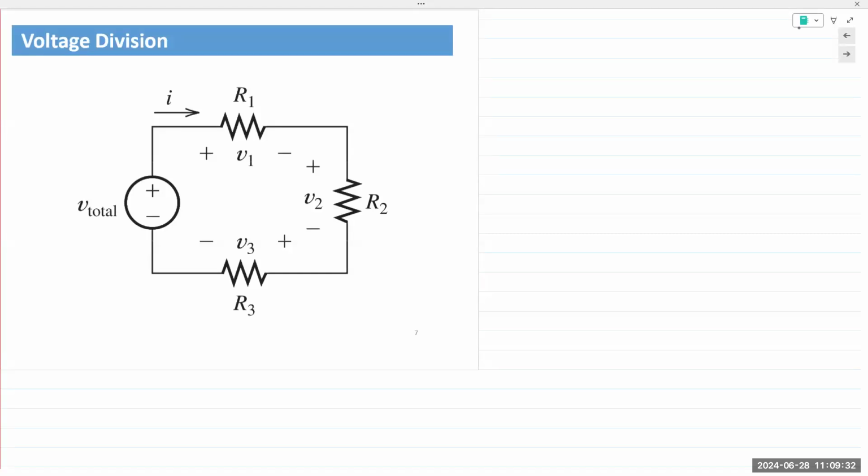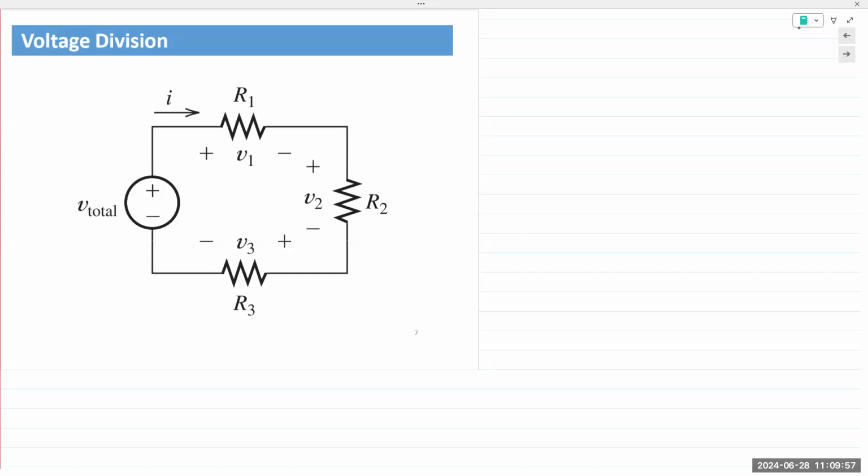Remember, I said in the first week of class and also in the previous class on Wednesday, Ohm's law, KCL, KVL. These three are the only ones we need to know because all other techniques that we learn about are based off of these three. So voltage division and current division are shortcuts derived from Ohm's law.